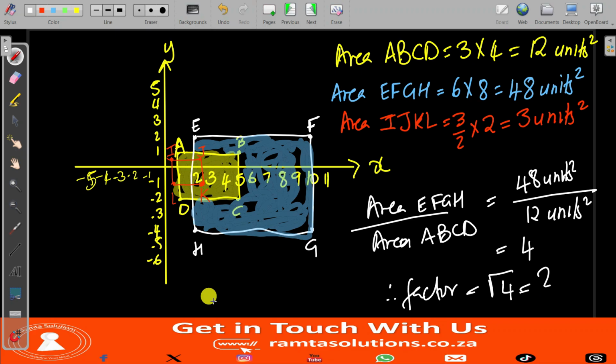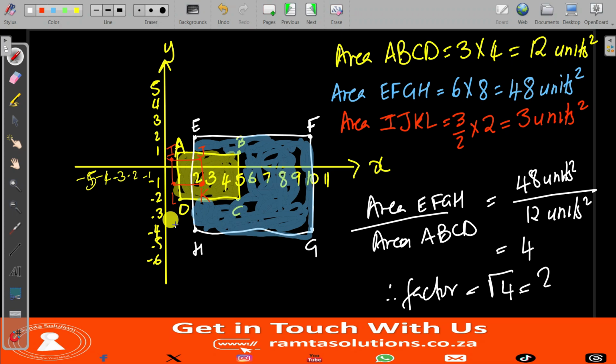Remember what I said to you. If you compare any two sides, like EF and AB, EF was 8 units, AB is 4 units. So 8 over 4 will be 2.